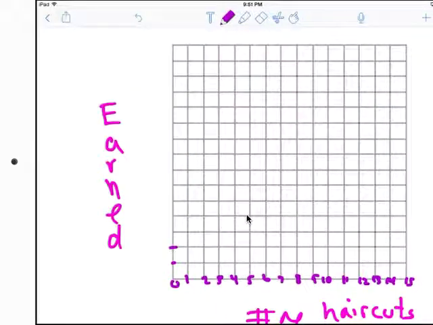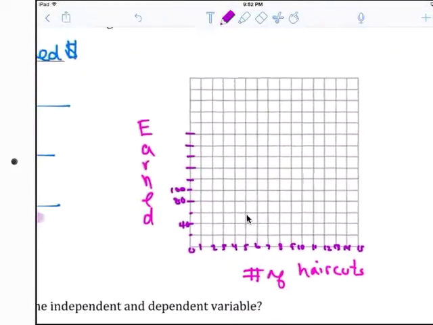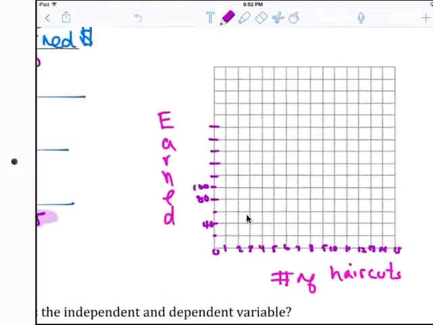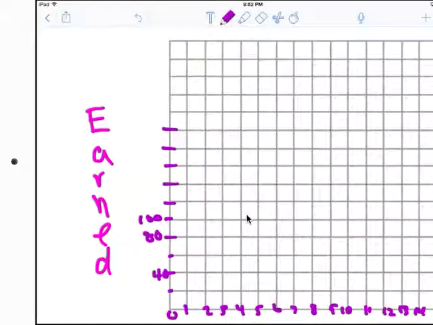20, 40, 60, 80, 100, 20, 40, 60, 80, 200. Oh, it'll work. It'll work. And then, yeah, it'll work. Okay.